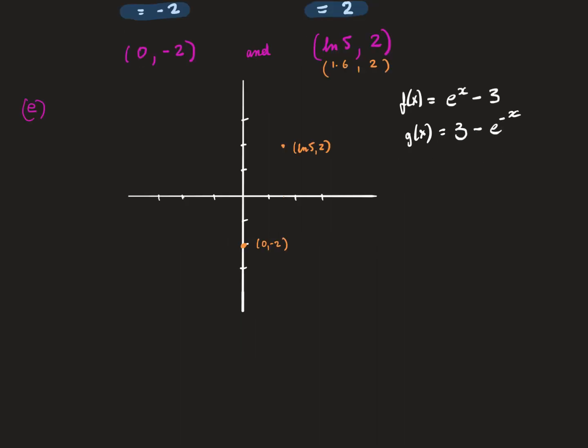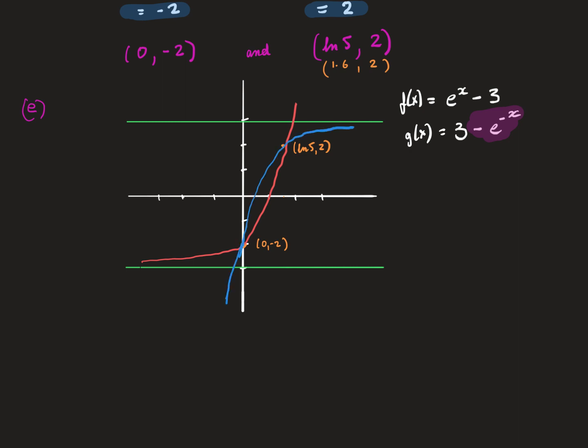I also know that f(x) approaches minus 3 and that g(x) approaches 3. And we also established that f(x), or e^x, has that shape, whereas g(x) will have the following shape. And so this answers all of the questions related to question 6.